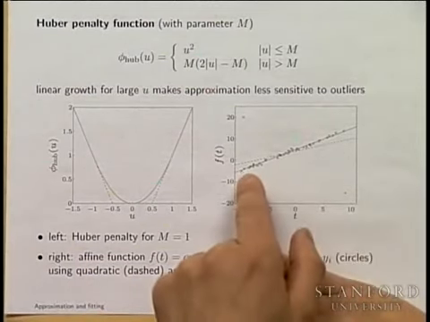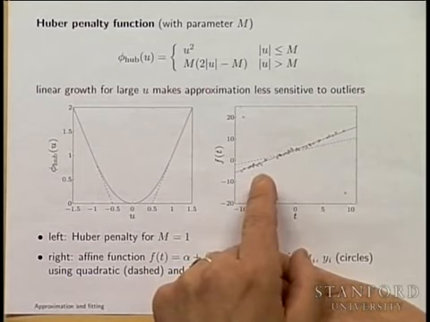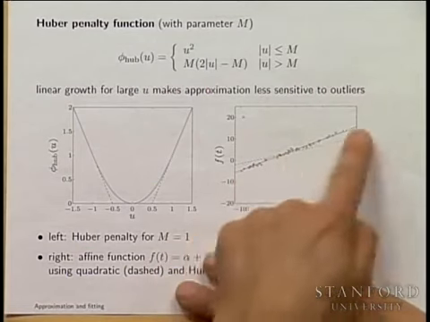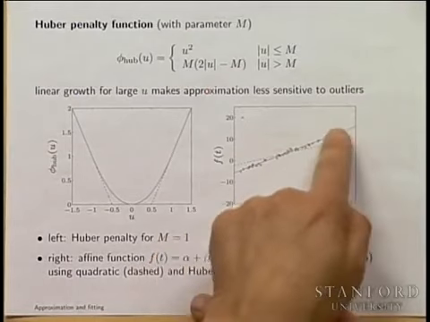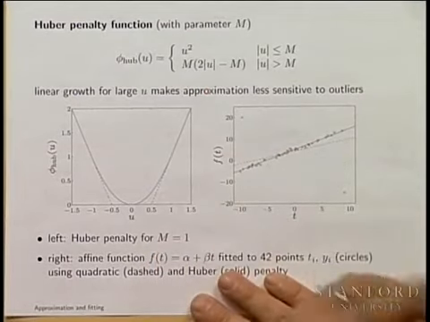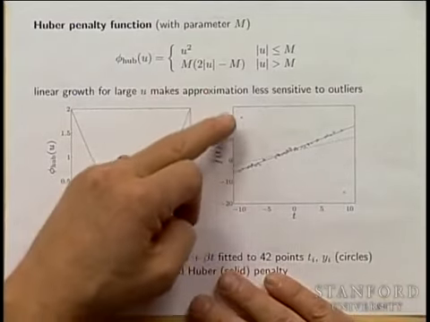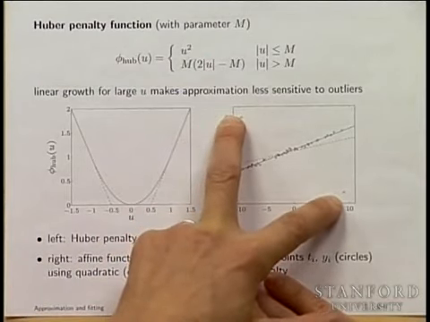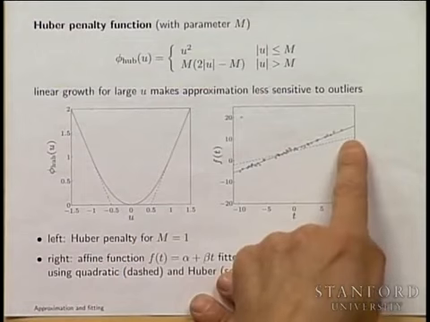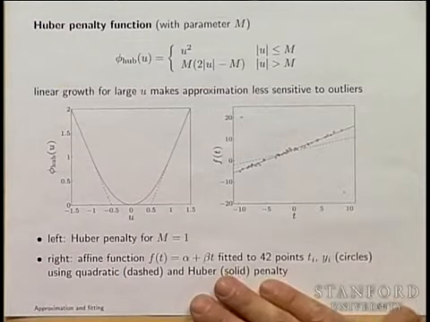Here's an example. It's a made-up example, but it gives the idea. Here's a whole bunch of points, 40 points here that lie on a line. And then we threw in two serious outliers, like that. The least squares fit is this dashed line.